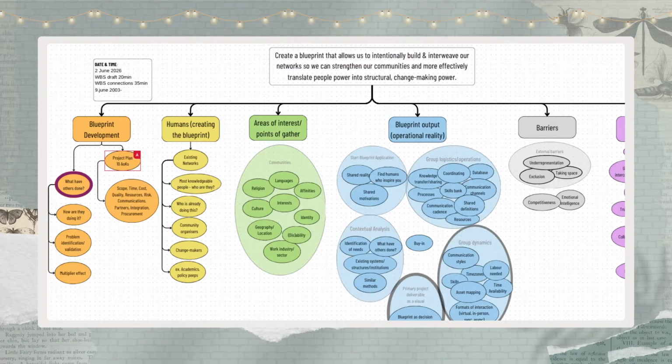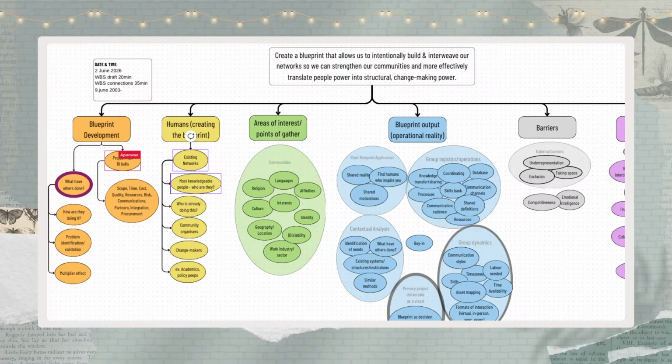Yeah, I completely agree. I just think maybe yellow and green can come together. That's more what I mean. Because here in yellow, for example, we're looking at our existing networks, most knowledgeable people, who is already doing this.